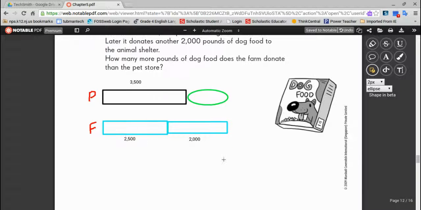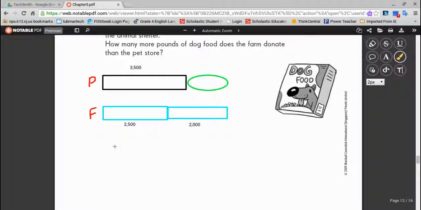So the first thing I have to do is I need to add these two together, or combine these two bar models together to get the entire farm. So that's the first thing I'm going to do. 2,500 plus 2,000.